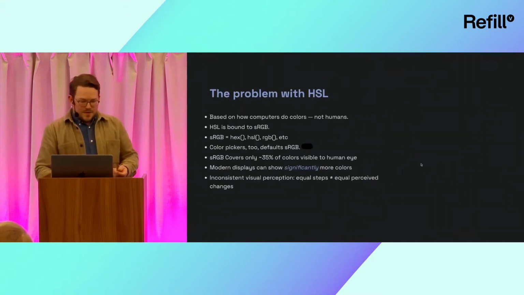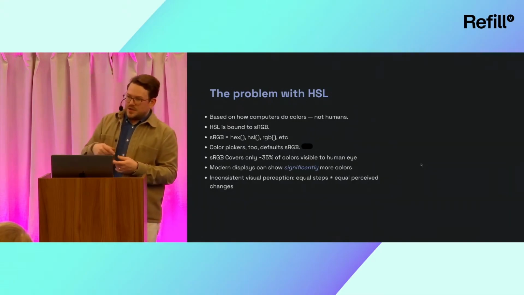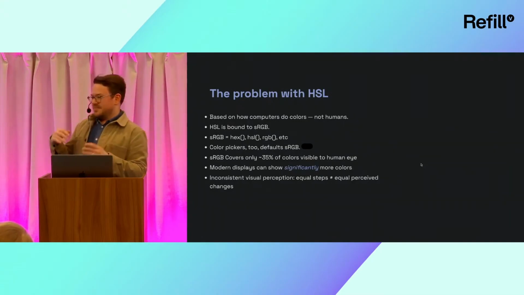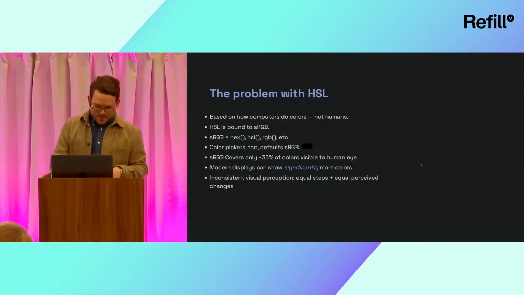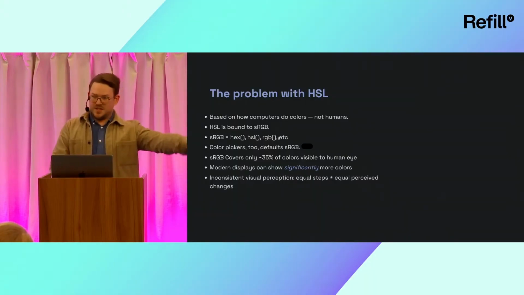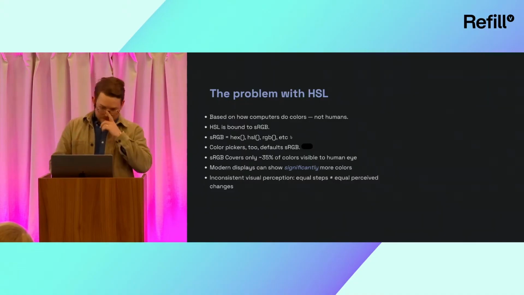So the problem then is HSL is bound to sRGB, which is a color space that was invented a long time ago, probably when CRT monitors came along. It has all the usual suspects of color functions that we've heard of, like HSL, RGB, and HSV, but they're based on the same color model.